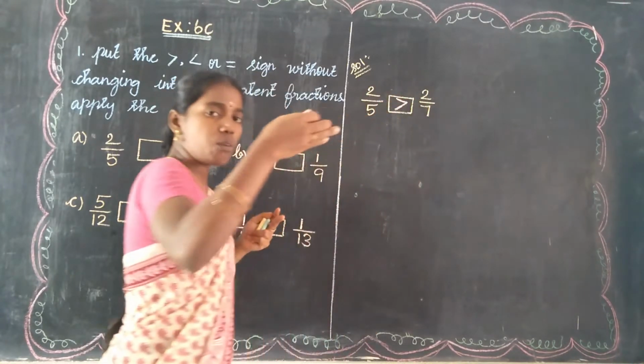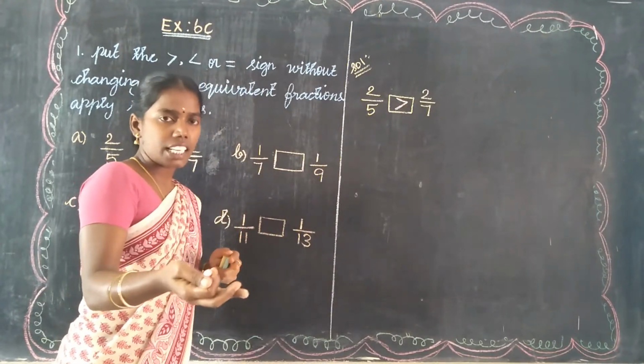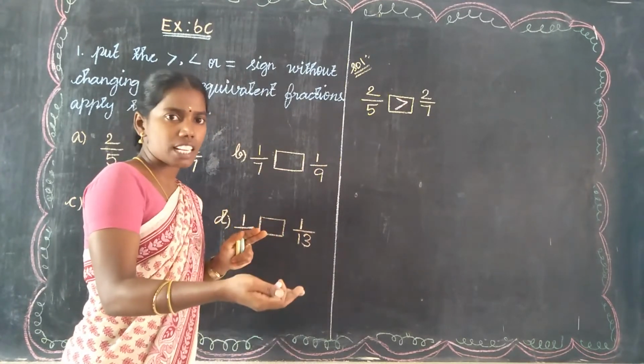The numerator values are equal. Next consider the denominator value, first fraction 5 and second fraction 7.